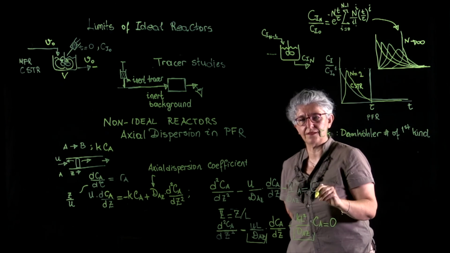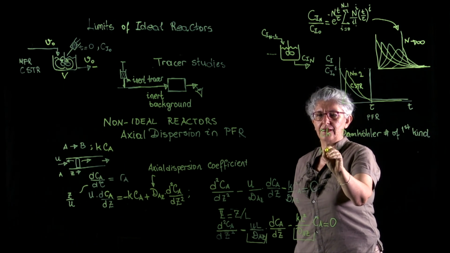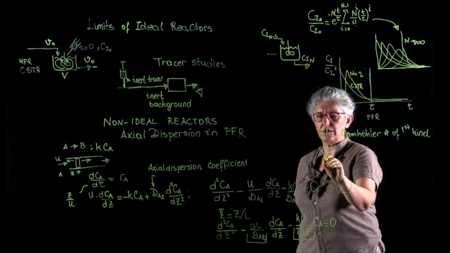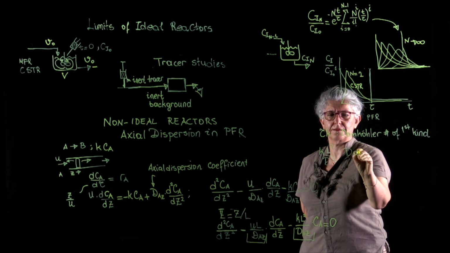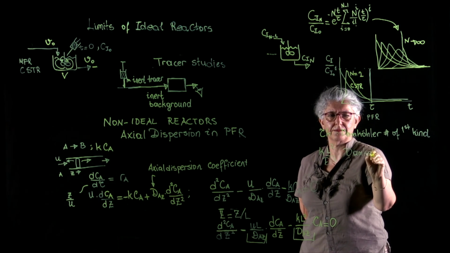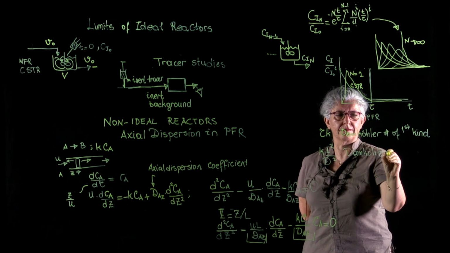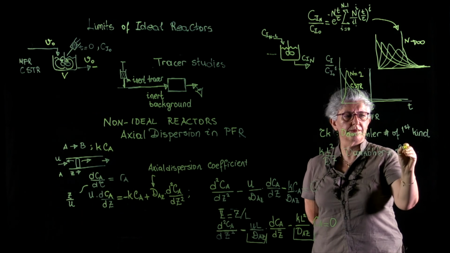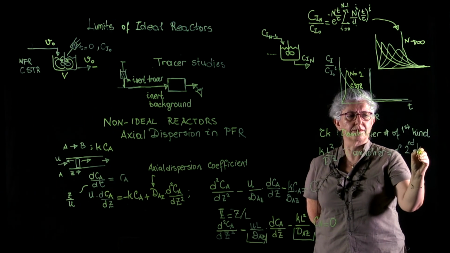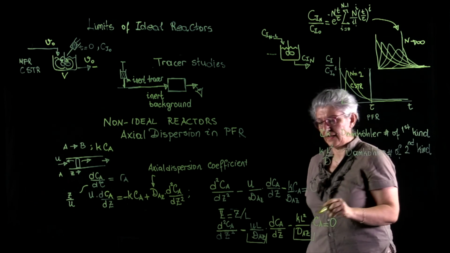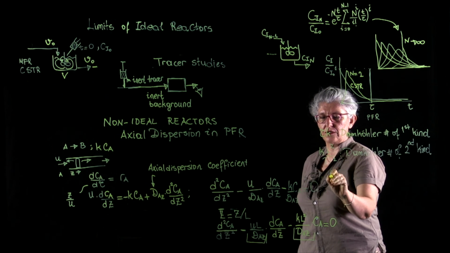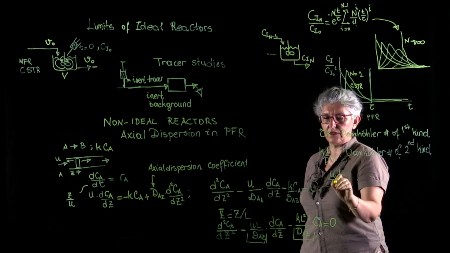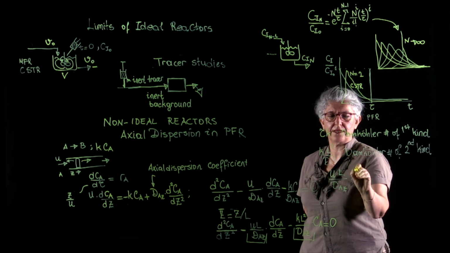Now we have a second kind, k L squared over dAz. And then we have a new dimensionless number, which is u L over dAz, and this is the Peclet number.